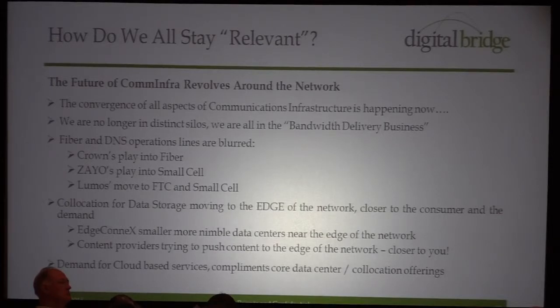But as they think about it, the key problem for content providers today is pushing content out to the edge. If you can't provide content out at the edge, the core of your network gets congested. And so a lot of carriers today, particularly the content providers, we hear this from Google, we hear this from Amazon, we hear this from Netflix, we hear this from Facebook, we hear this from Twitter. They want to start pushing content to the edge of the network. And the only way you do that is through smaller, more nimble, periphery located data centers, which ties actually very neatly back to outdoor DAS.